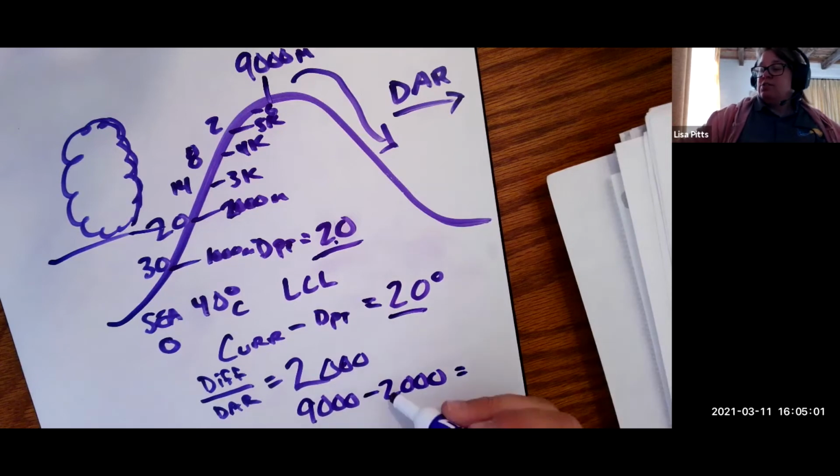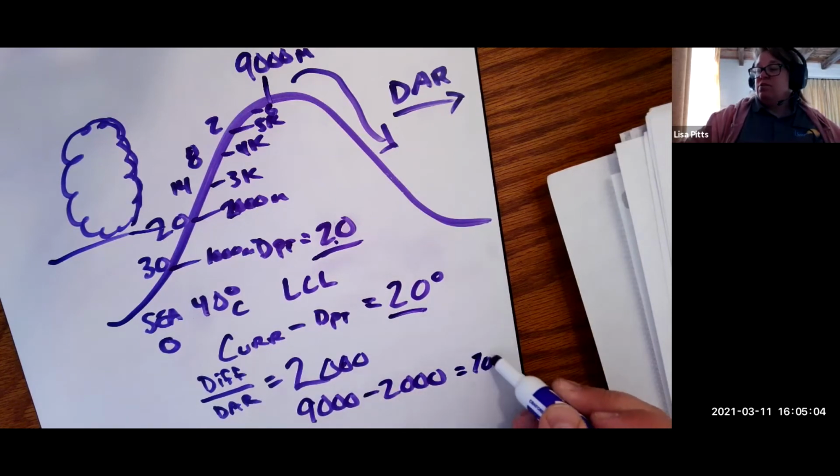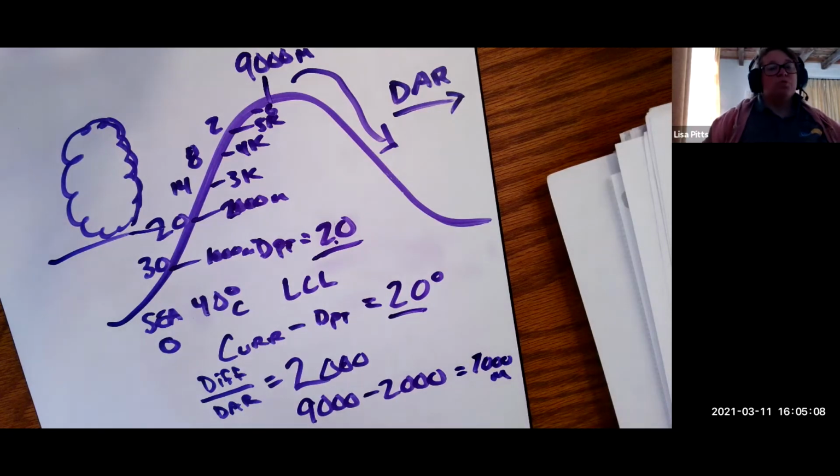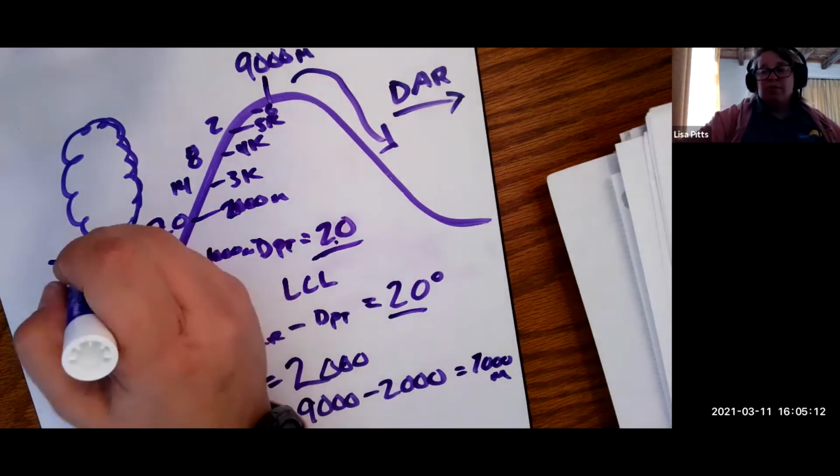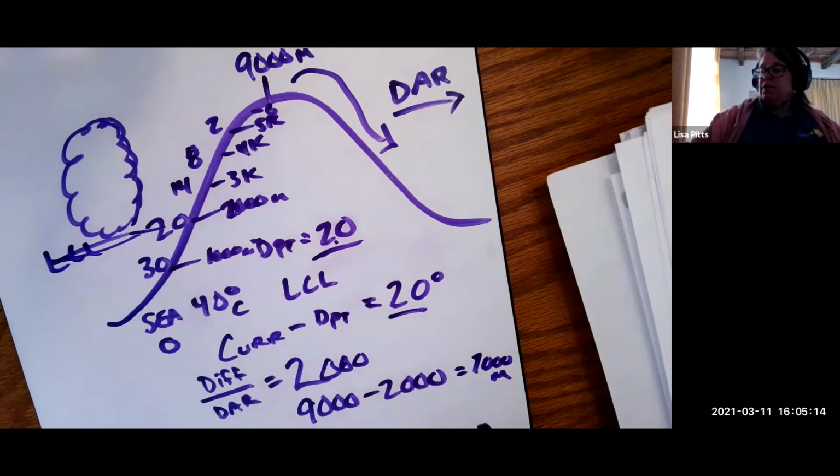That's going to give us 7,000 meters. Again, we use the wet adiabatic rate, because we're above the lifting condensation level. And what was it? 6 degrees per.